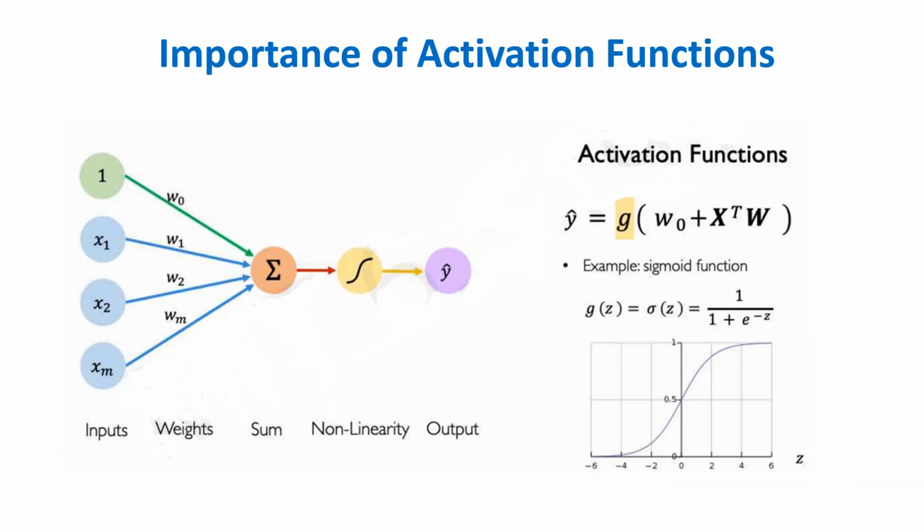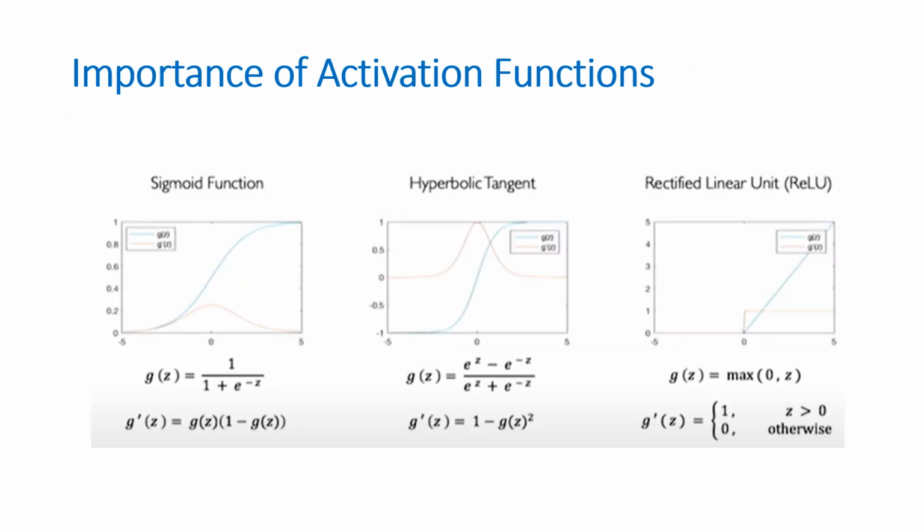And as I said, this is how the sigmoid graph will look. It is centered towards 0.5, and the values are always between 0 and 1. Like sigmoid, there are many other activation functions, hyperbolic tangent and ReLU, the rectified linear unit, which is widely used. Sigmoid is the oldest one, but it is not widely used in practice.